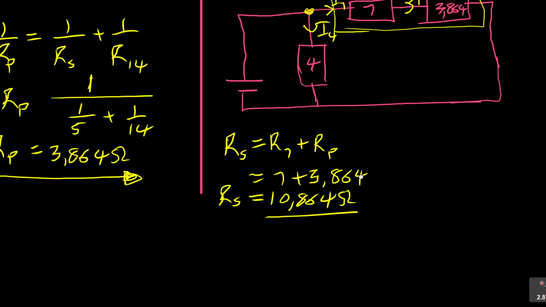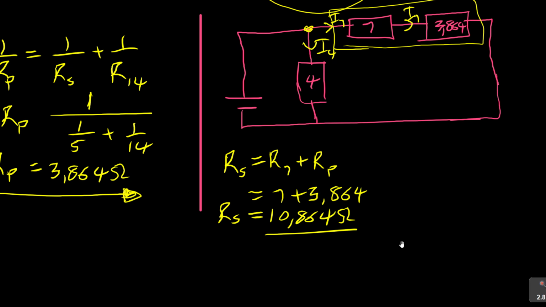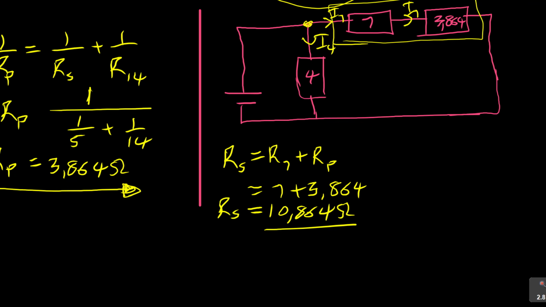Now from here, where do we go? I'm taking the same diagram now. We had this part, and then we had the 4 here, and then after that, remember, we added that 7. So now, guess what? It's simpler like this.